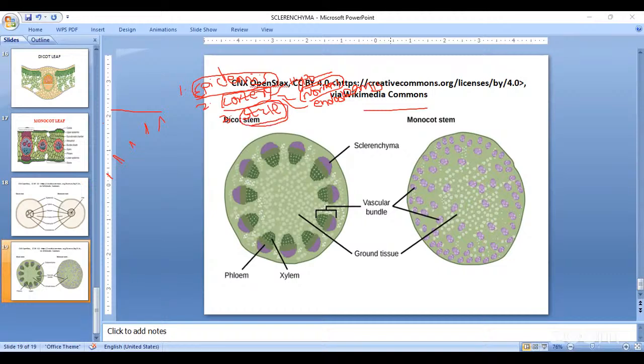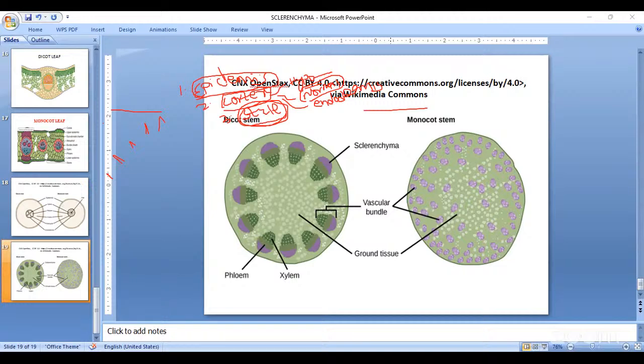But the endodermis is not clear in both stems. Of course, in monocot stem it is completely absent. If you see the hypodermis in monocot, it is sclerenchyma. Only one difference: dicot hypodermis is collenchyma, but in monocot hypodermis is sclerenchyma. That is the difference.